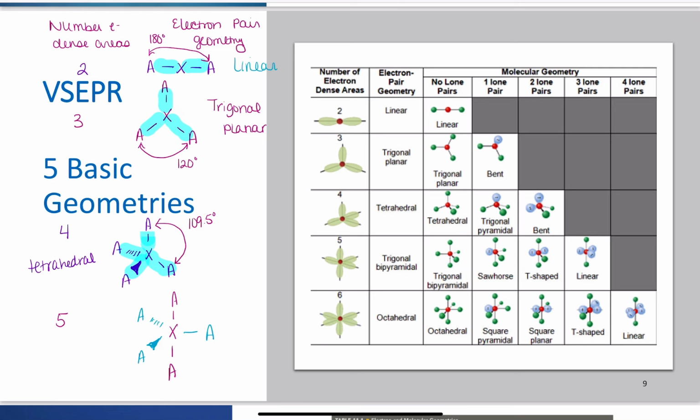Now these blue ones are called your equatorial. They are 120 degrees away from each other. And they're 90 degrees from what we call your axial positions.